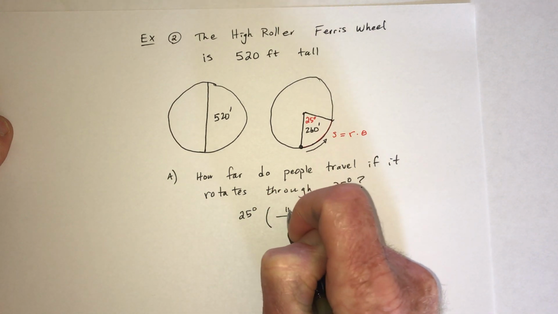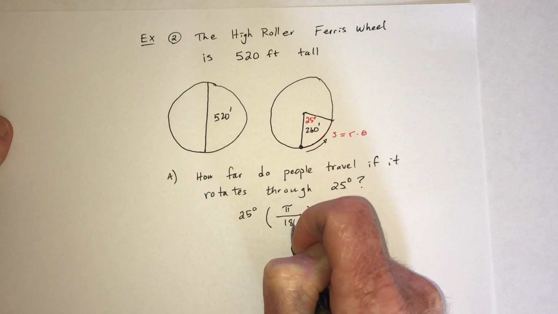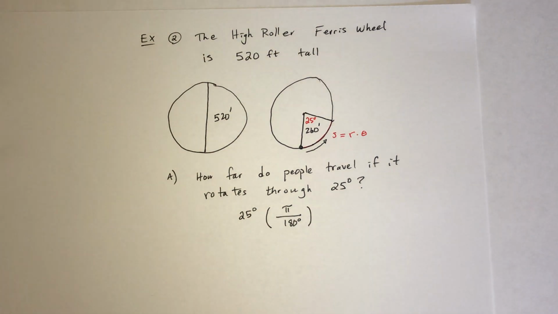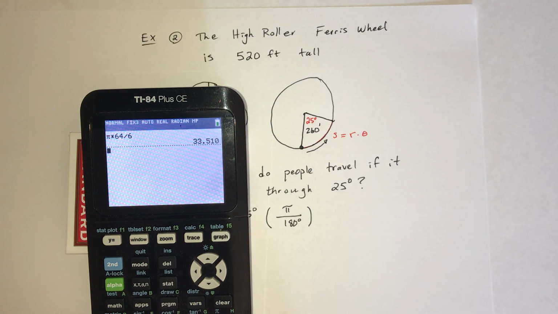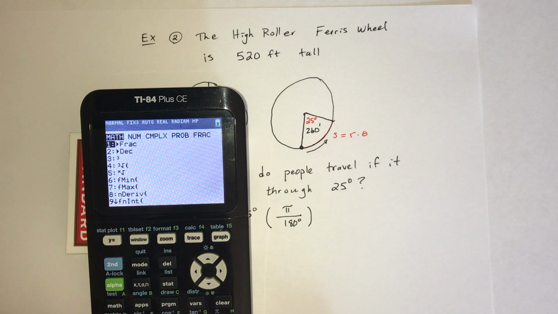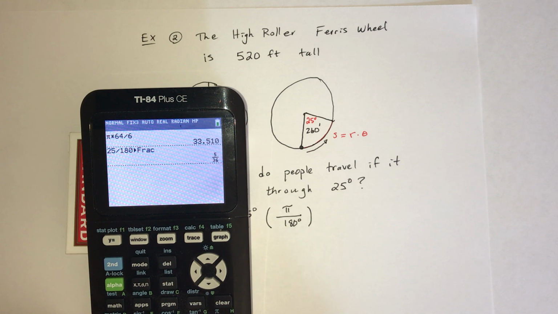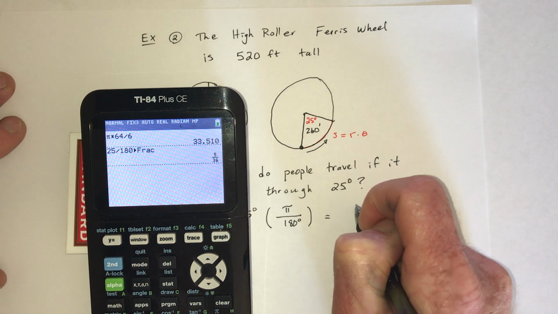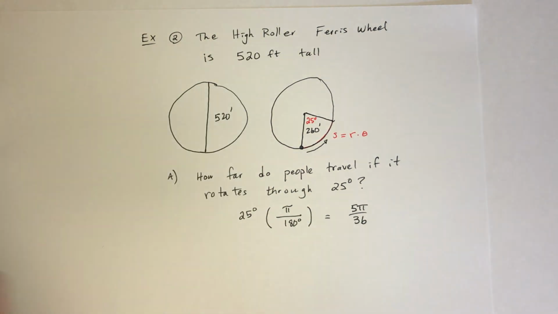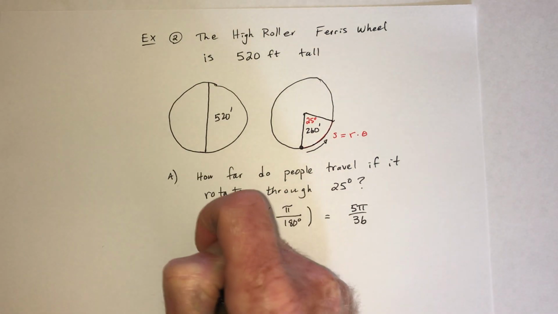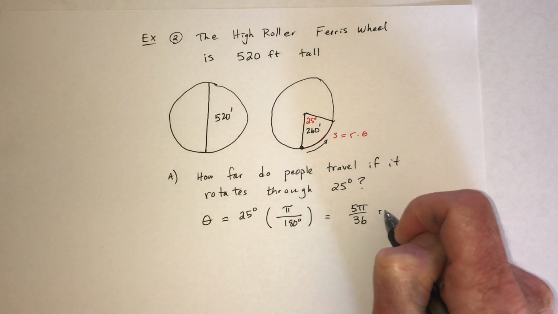So that means it's going to be pi over 180 times 25, then reduce the fraction, it's 5 pi over 36. So that is the theta, and now it's in radians.